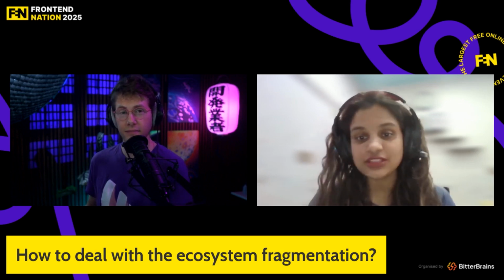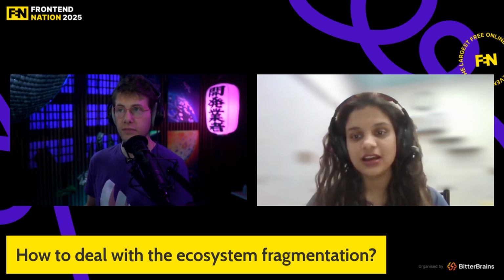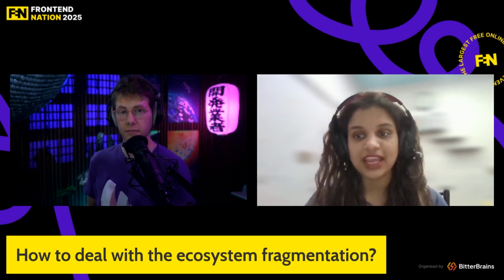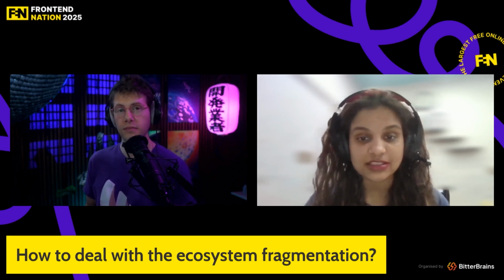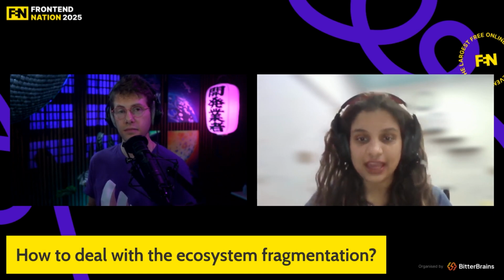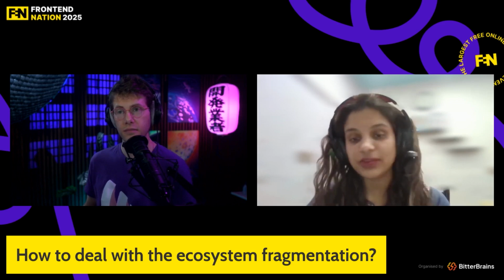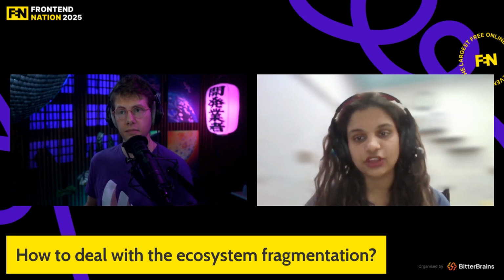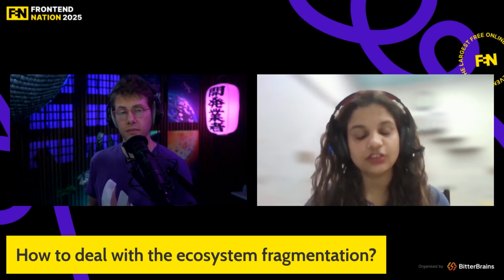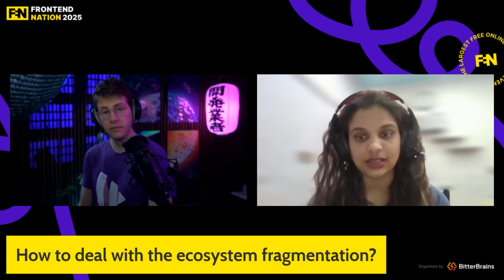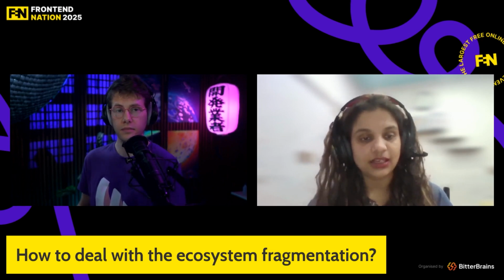So, ecosystem fragmentation is a very significant challenge that can arise when implementing micro frontends, and it can potentially undermine many of the benefits that this architectural style promises. There are so many different tools that we can use to get the best results out of these issues.